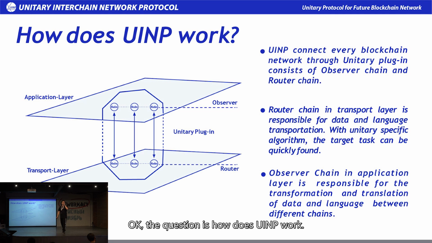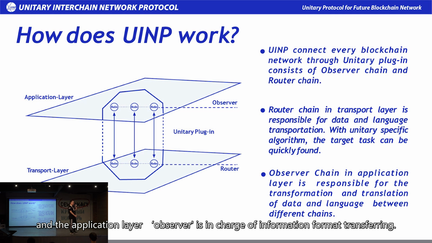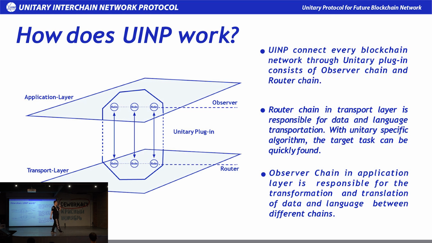Okay, the question is, how does UINP work? As I said before, UINP is a 2-layer protocol. The root chain in the transport layer is a protocol in charge of translating and locating, and the application layer observer is in charge of information format transfer.